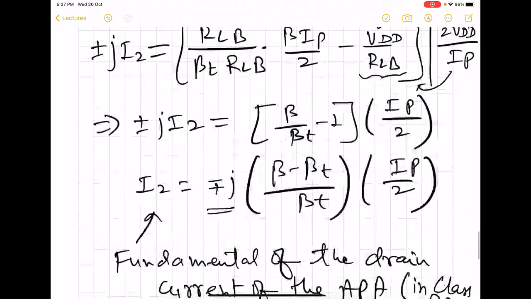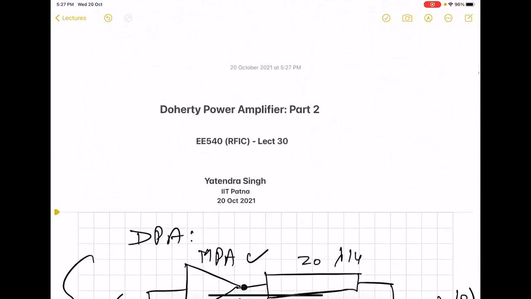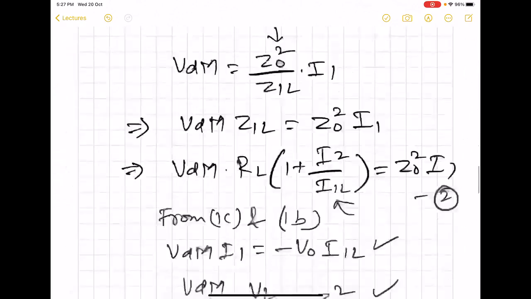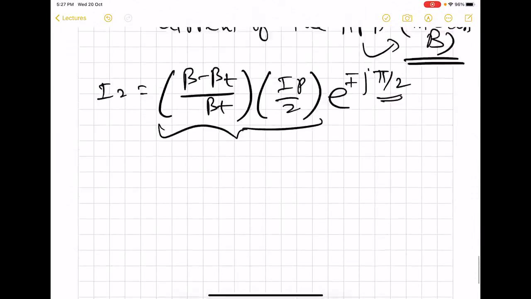That is why, if you see the complete architecture, we have this additional lambda by 4 line at the input side of the auxiliary power amplifier. This line will introduce the 90-degree phase shift that is required here.